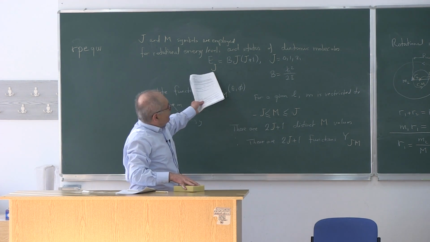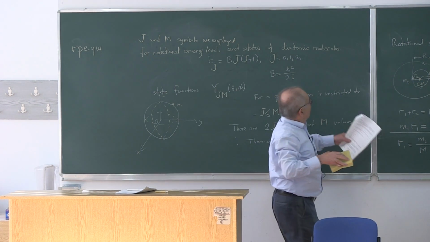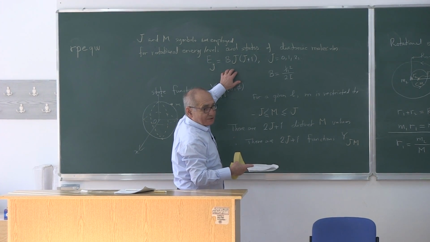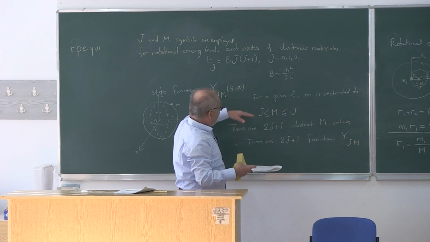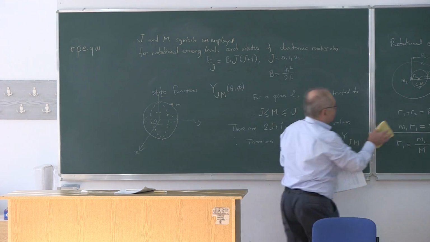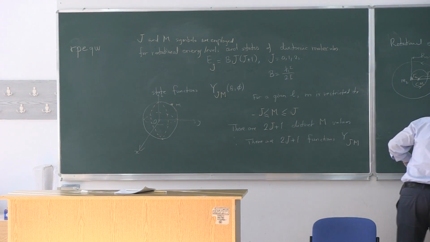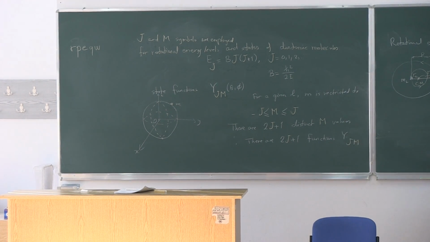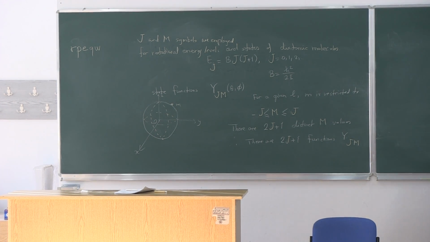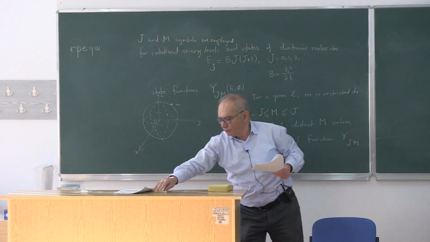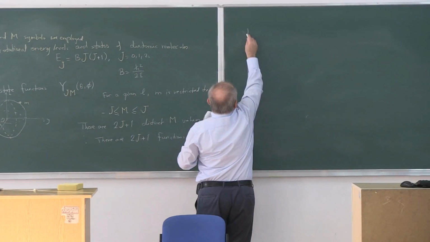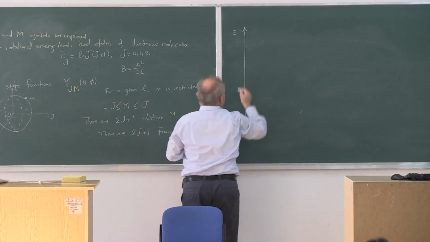All right, let us now then summarize both the energy levels of a diatomic molecule and also the rotation state functions using an energy level diagram. It is increasing energy.